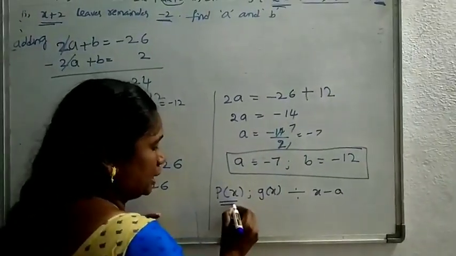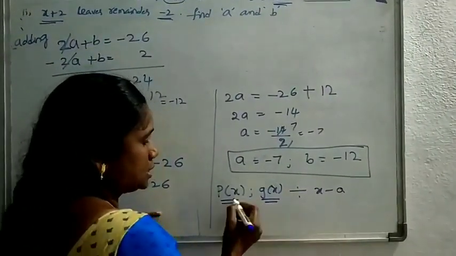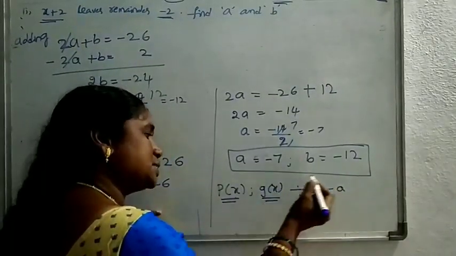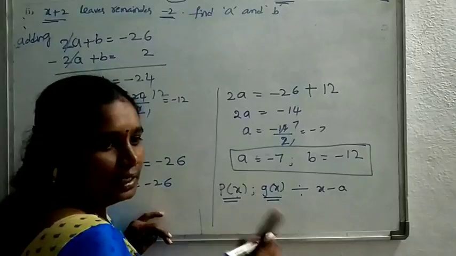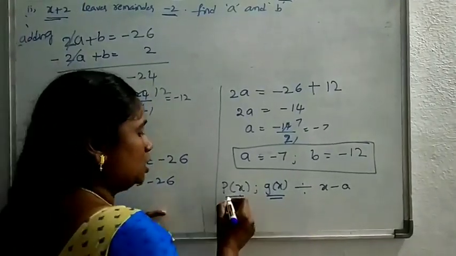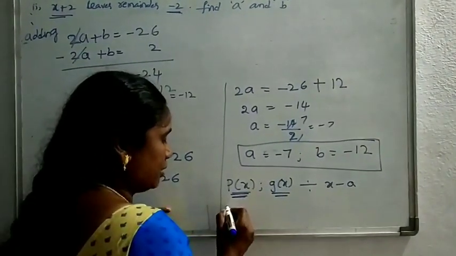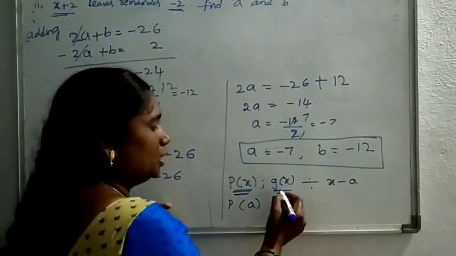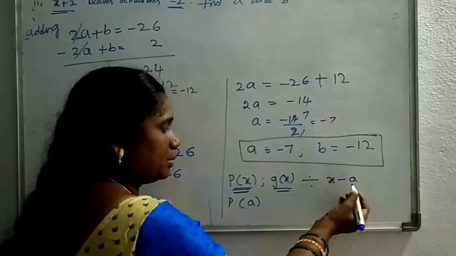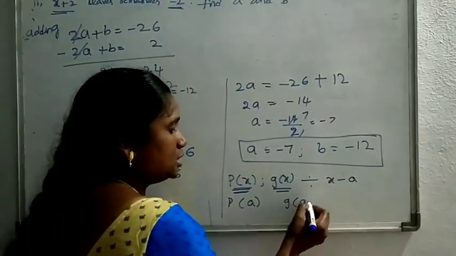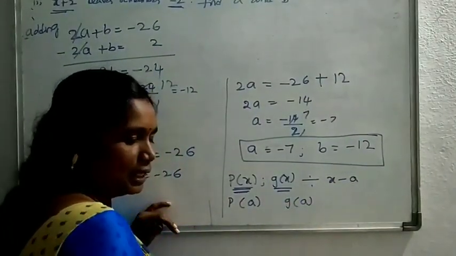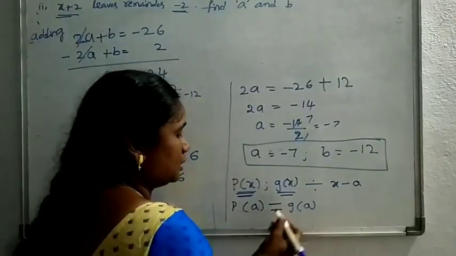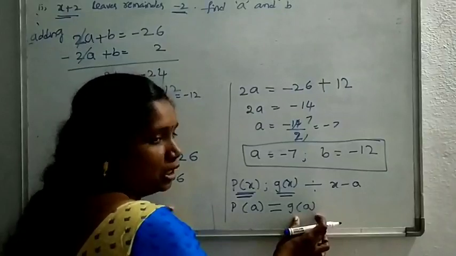If p of x is divided by x minus a, what is the remainder? P of a. If g of x is divided by x minus a, what is the remainder? G of a. But here the condition is that they leave the same remainder. That means the remainders are equal. So P of a is equal to G of a.